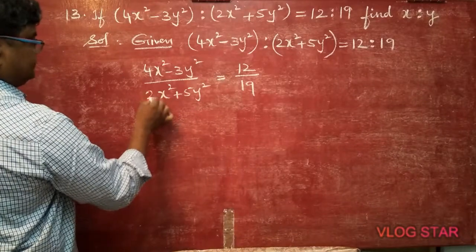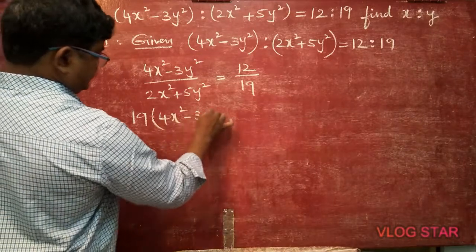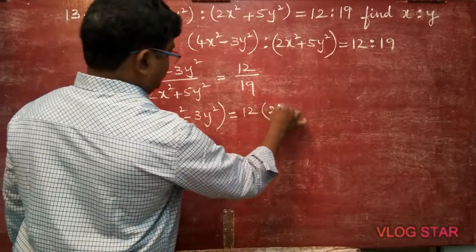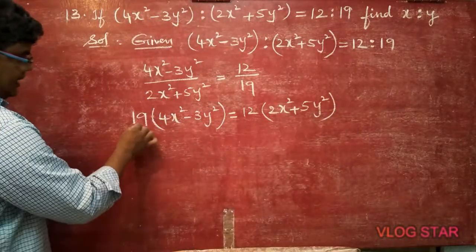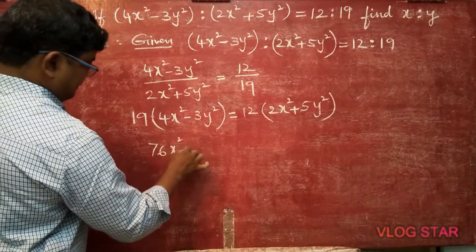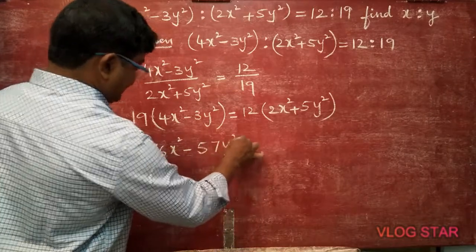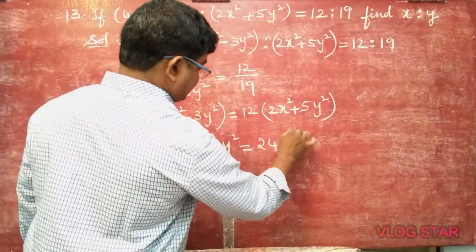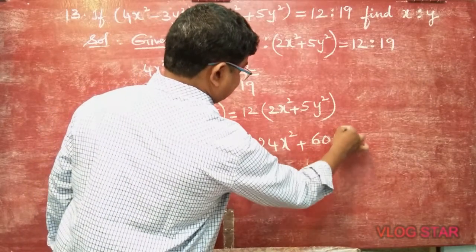Cross multiplication. 19 into (4x² minus 3y²) is equal to 12 into (2x² plus 5y²). 19 4s are 76x² minus 19 3s 57y² is equal to 12 2s are 24x² plus 12 5s are 60y².